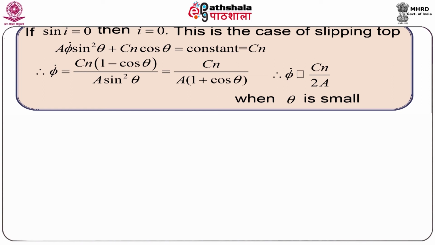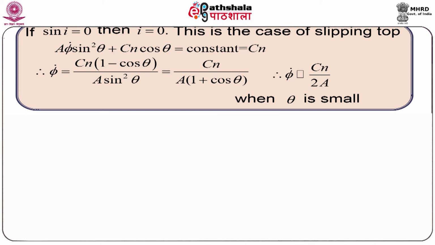Now, from this one we get phi dot equal to C into n into 1 minus cos theta divided by A into sin square theta. Just from this relation we have shifted this term to the right hand side, then divided by A sin square theta, and we get this result.